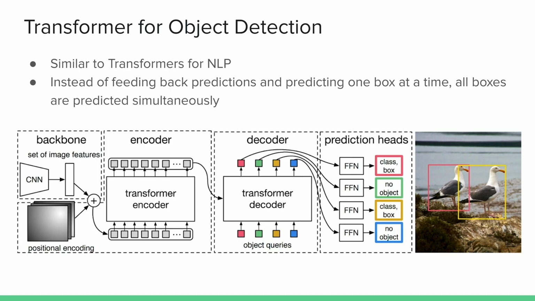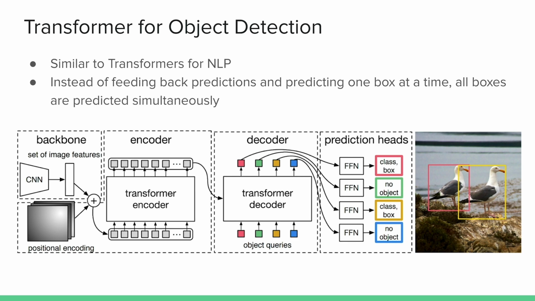It's very similar to the transformer we've seen before for natural language processing, but instead of feeding back predictions and predicting boxes one box at a time, as we were doing with sequence models, all boxes are predicted simultaneously. And how do they do this?